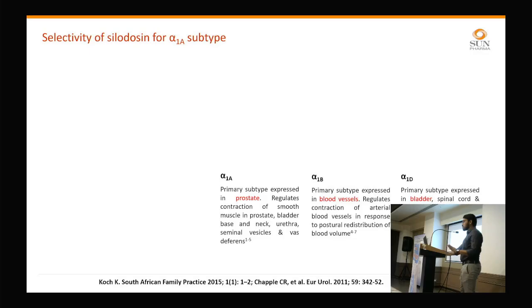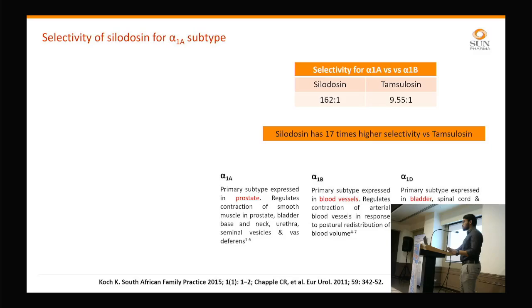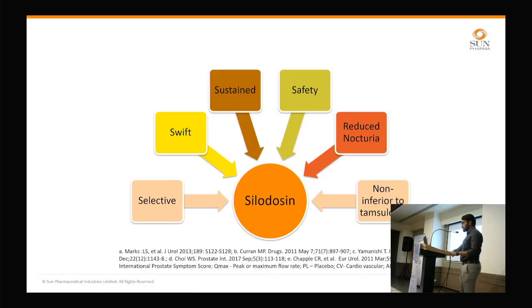Alpha 1A are more on prostate, Alpha 1B on blood vessels, and Alpha 1D on bladder. Silodosin has more affinity. It is 162:1 for Alpha 1A receptors, whereas tamsulosin is 9.5 to 1. So silodosin has 17 times higher selectivity compared to tamsulosin.